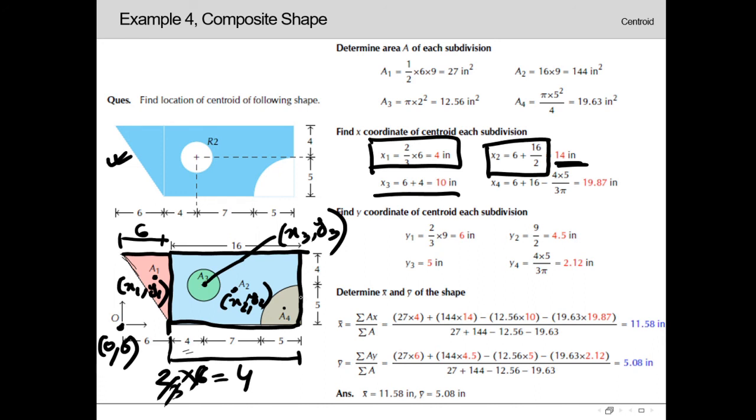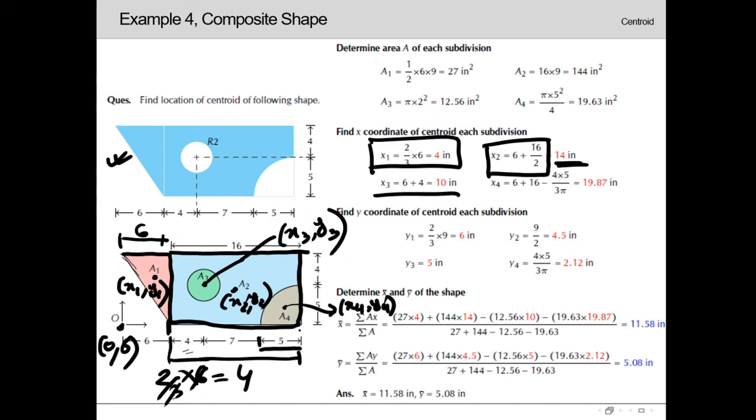And for x4, which is the center coordinate of segment 4, x4 and y4, the value of x4 will be 4 plus 7, and after 7 we can see that the total radius is 5.